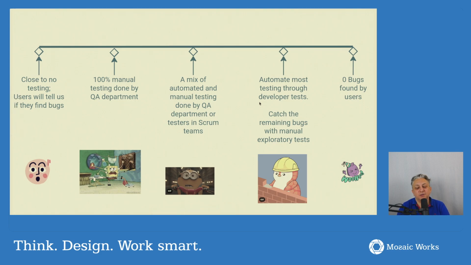If the product is very small, if you have teams organized in a certain way, or very specialized testers or very specialized products, I don't know. I think still the most effective one is automating most testing through developer tests.